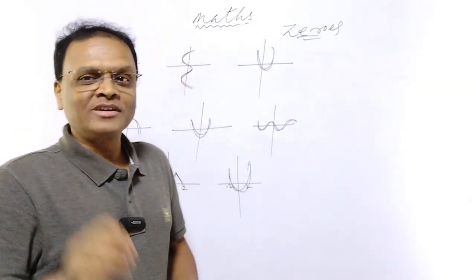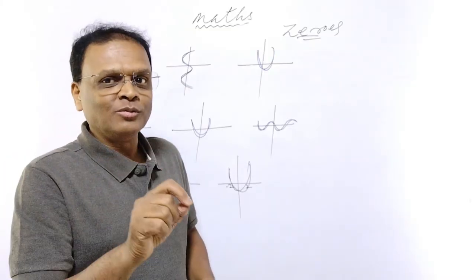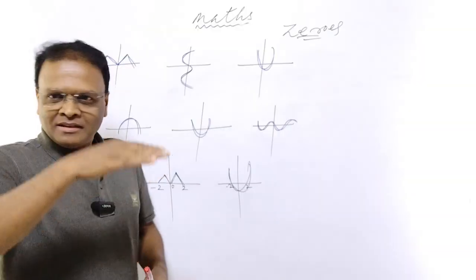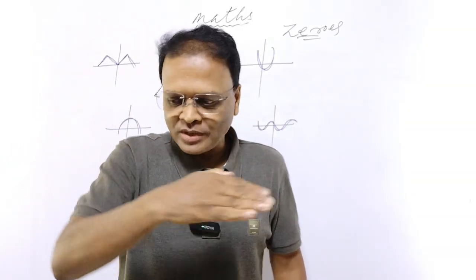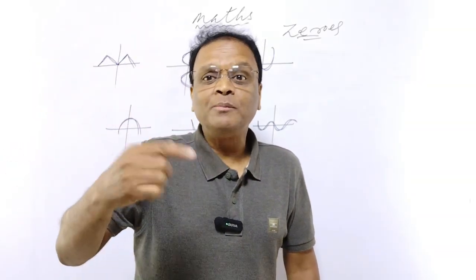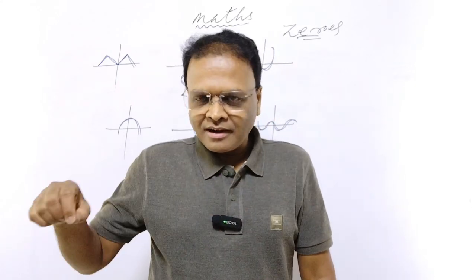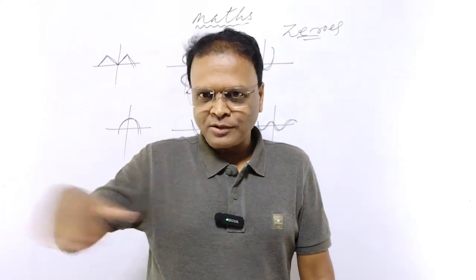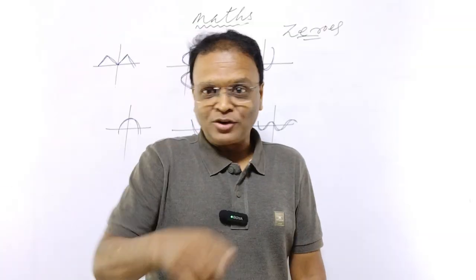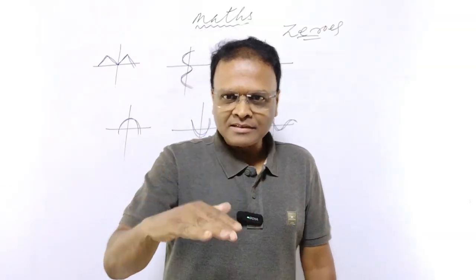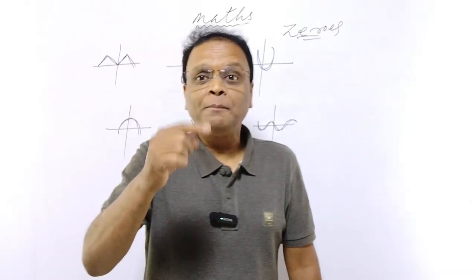The main important thing, note it down, very important. Again I repeat, the main important thing is: at how many points does this graph touch your x-axis? Your x-axis. Again I repeat, x not y. At how many points does this graph touch the x-axis?